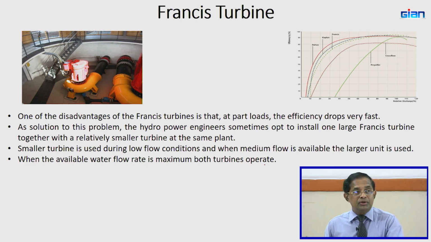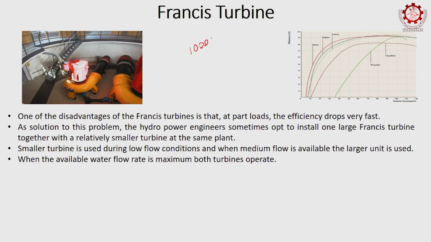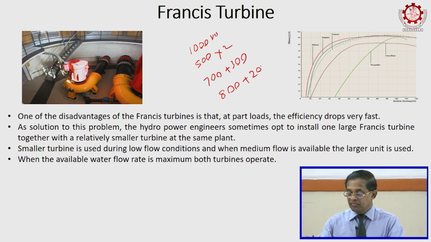So, you should be able to advise anybody doing a Francis power plant to consider this option. Then how do you decide whether it should be 1000 kilowatt or 500 into 2 or 700 plus 300 or maybe 800 plus 200?